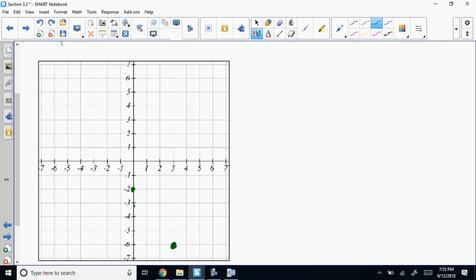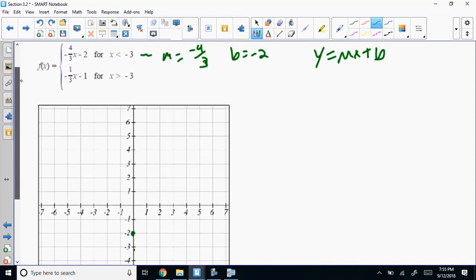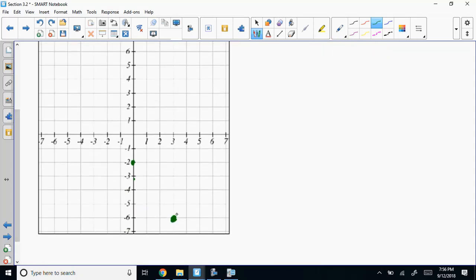Hold up, I ain't done yet. About to show you something. This is only good up to negative 3, right? But look, I went down and I'm down here, but it doesn't even exist on this side, does it?